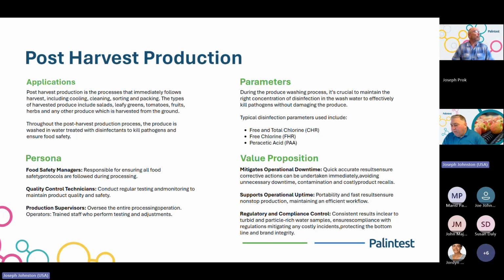In many cases, there is a desire to have documented test results at certain points in order to keep an audit trail, and the Chemio provides that by maintaining tests on the instrument itself, as well as the ability to offload that information into a chemical feed system, or Palantest Connect, as well as your own desktop system.